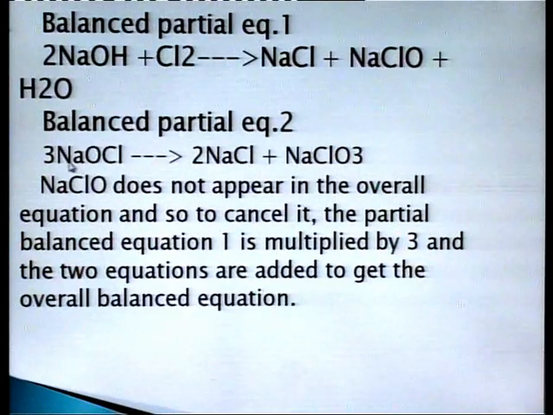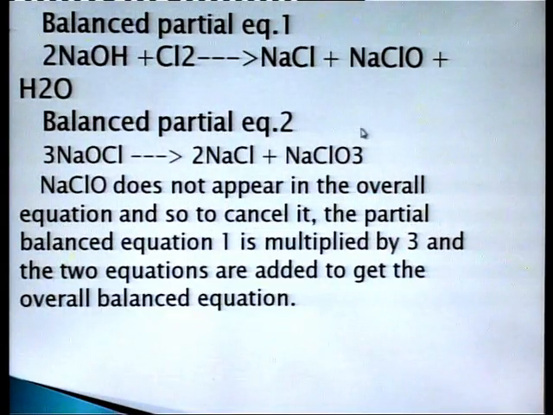If we multiply NaOCl by 3, we will get 2 plus 1, that is 3 NaCl, plus chlorines are also being balanced, that is 2 chlorine plus 1, total 3 chlorines, oxygen 3. Similarly, here O3, that means oxygen has also been balanced. So this is known as balanced partial equation 2.